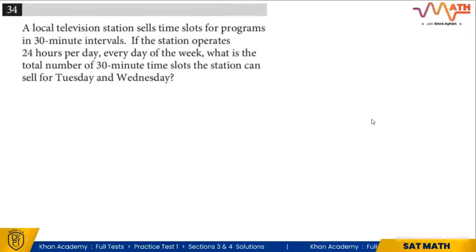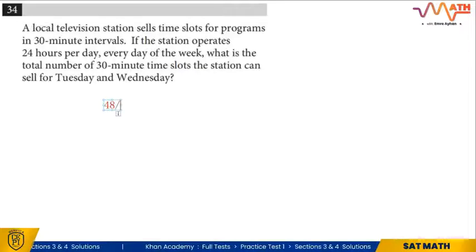34. A local television station sells time slots for programs in 30-minute intervals. If the station operates 24 hours per day, every day of the week, what is the total number of 30-minute time slots the station can sell for Tuesday and Wednesday? Since it is 2 days, how many hours? 48 hours, right?